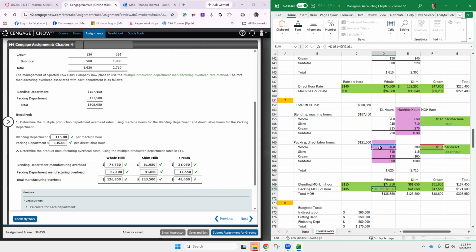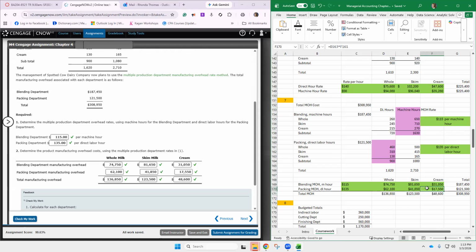So let's take 460 direct labor hours for whole milk at $135 an hour. You get 62,100. For the skim milk, it's 310 direct labor hours times $135 of overhead per hour.